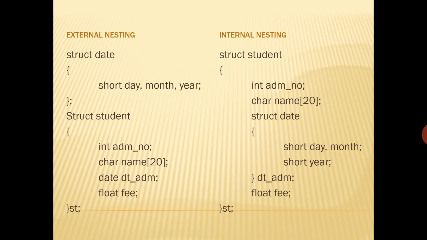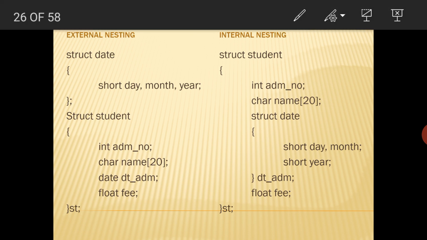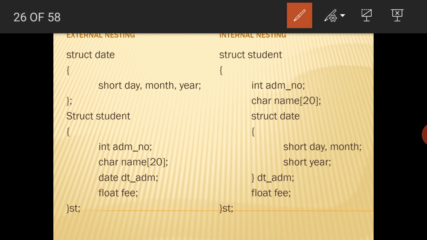Inside student you have your admission number, name, and also now you can see that is float, date, admission number is written. That becomes your structure being nested inside.